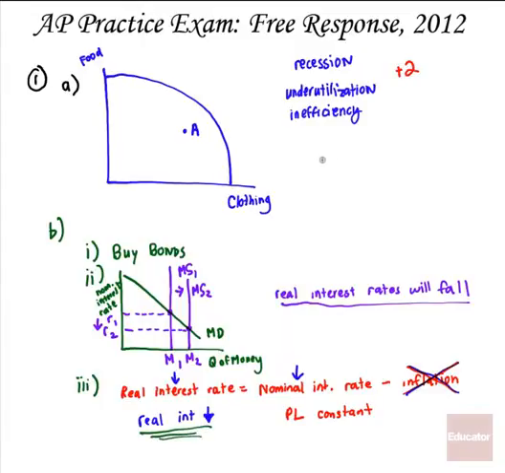They're going to ask you part 4 based on the idea that the real interest rate has gone down. I'll point out why that's important. Given the answer regarding the real interest rate, what happens to the real gross domestic product in the short run? Well, the GDP, or the aggregate demand, increases.